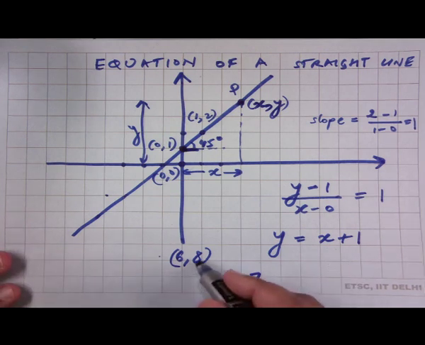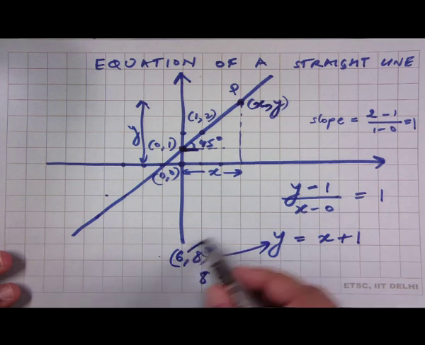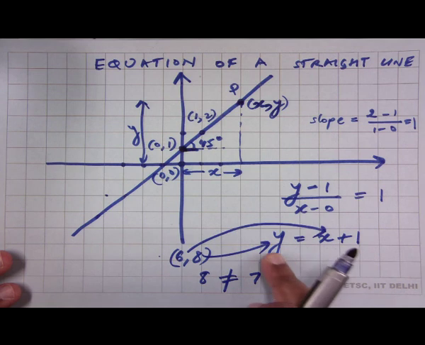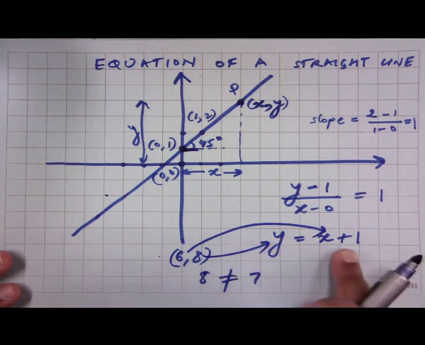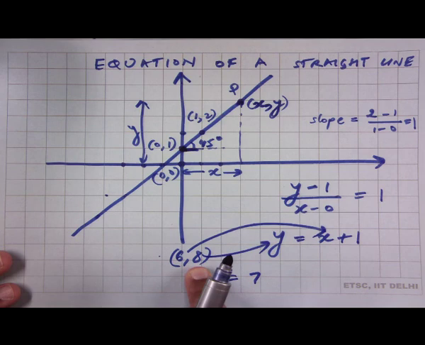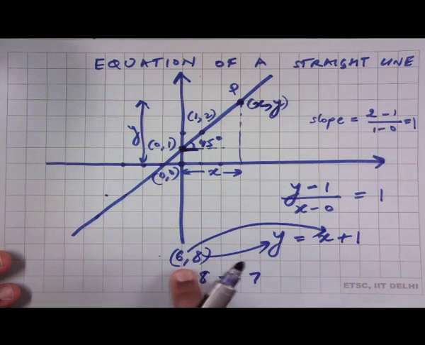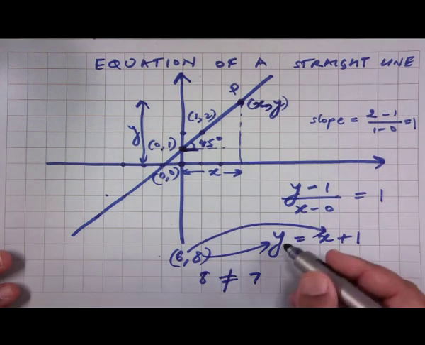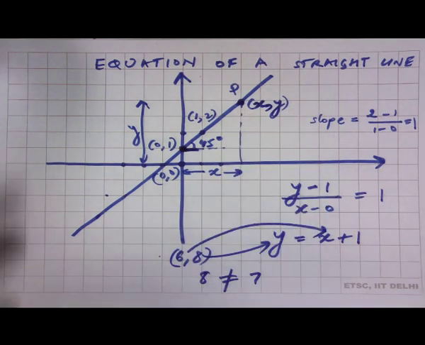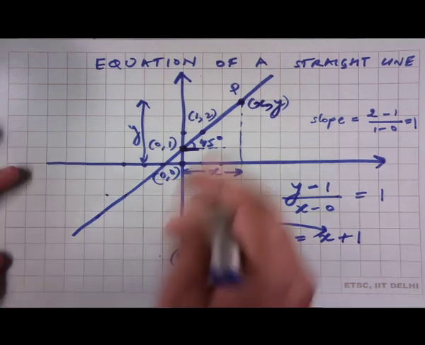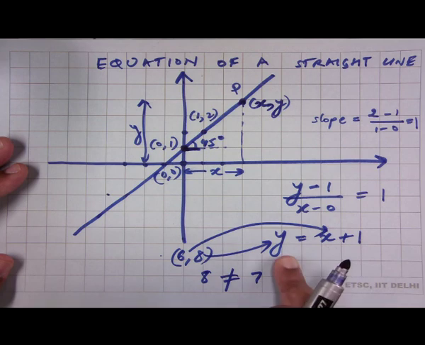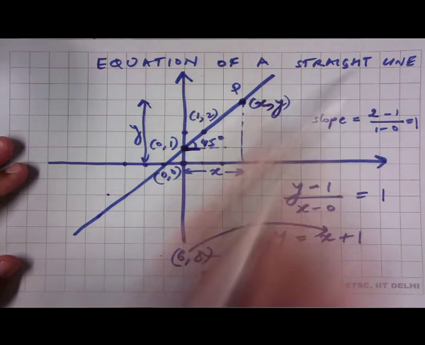So, I just put y equal to 8 and x equal to 6, and I see that this equation is not satisfied by this point, and therefore, this point does not lie on this straight line. And then it is very easy to write down this. So, essentially what we have is a characterization of the entire straight line.